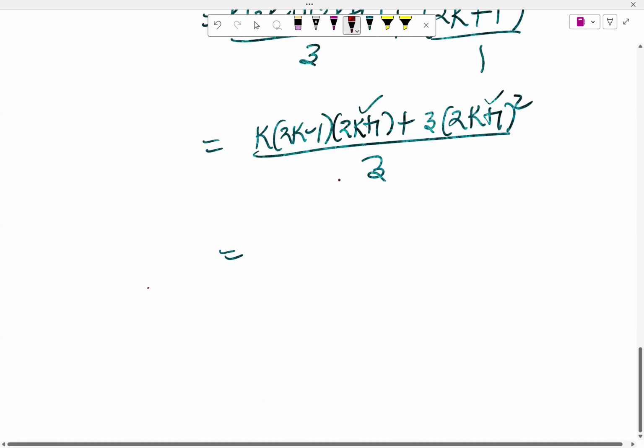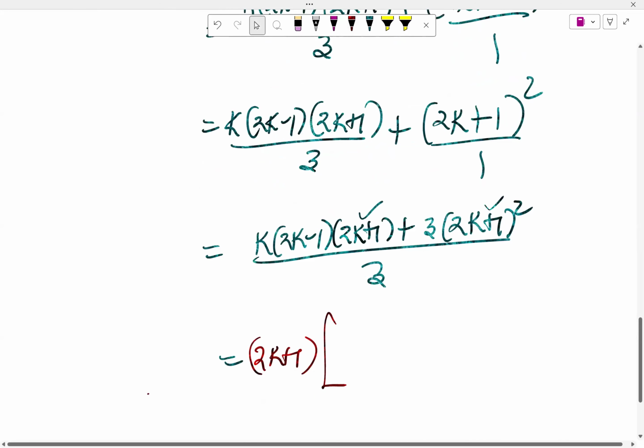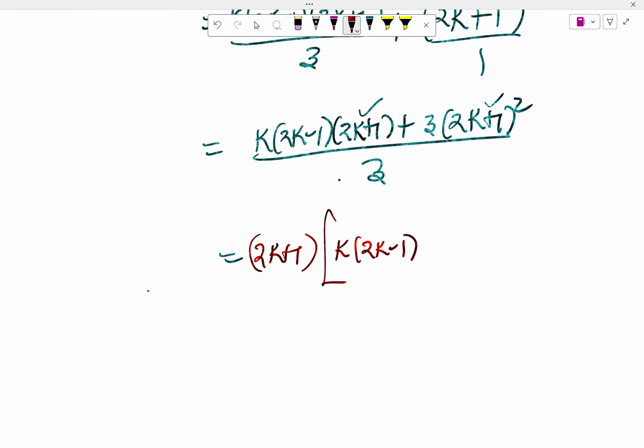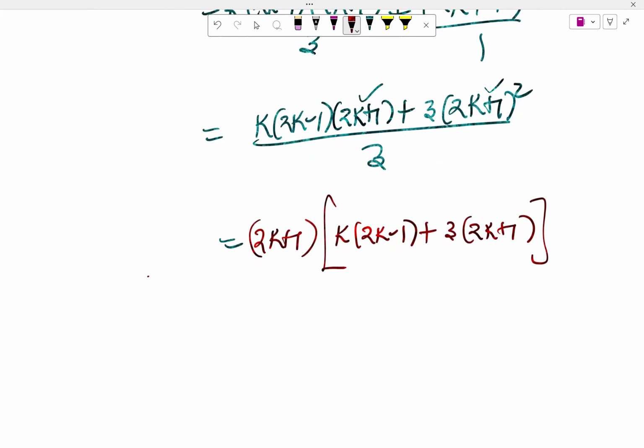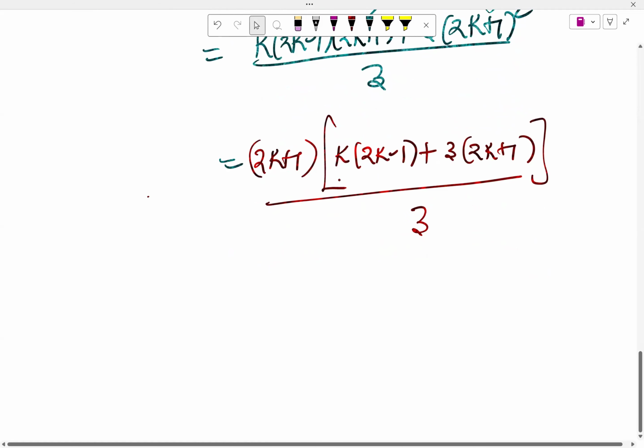So you have 2k plus 1 into k into 2k minus 1 plus 3 into 2k plus 1, and all of this is over 3. So we have to tidy up inside.